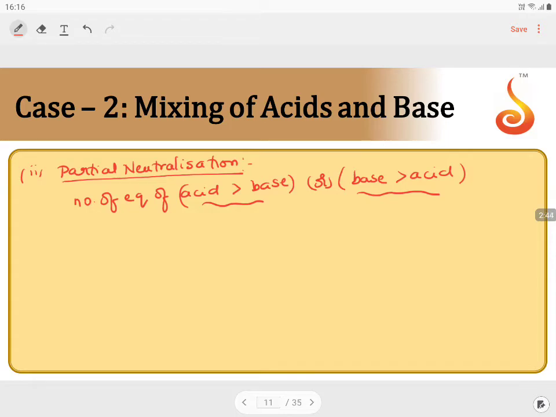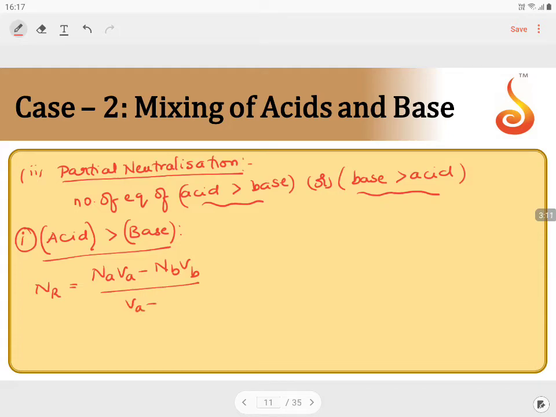So let us take the first case now. If the number of equivalents of acid is greater than that of base, the resultant normality of the solution is given by (Na Va minus Nb Vb) divided by (Va plus Vb).